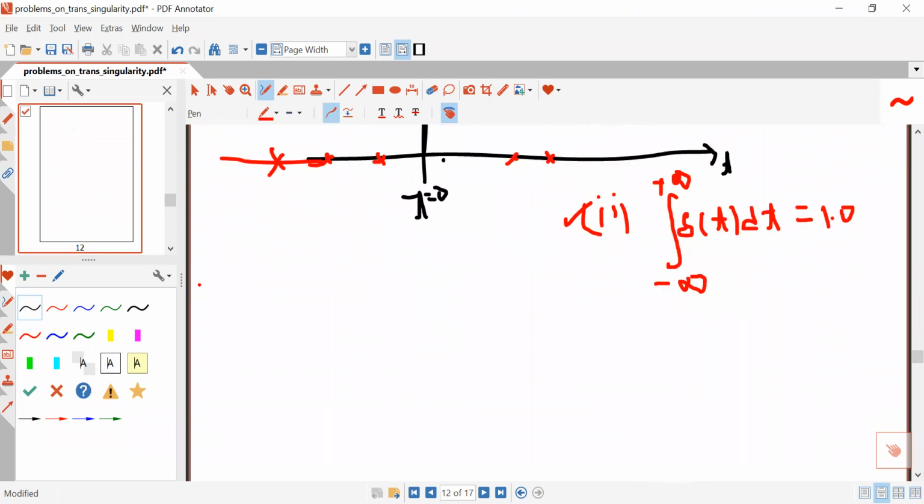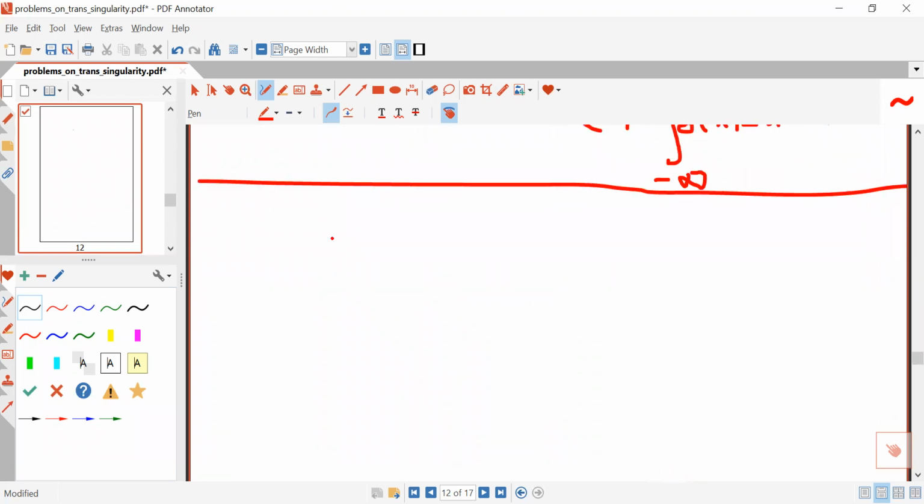What is the scaling property? According to the scaling property, delta of at can be given as 1 by magnitude of a into delta t.